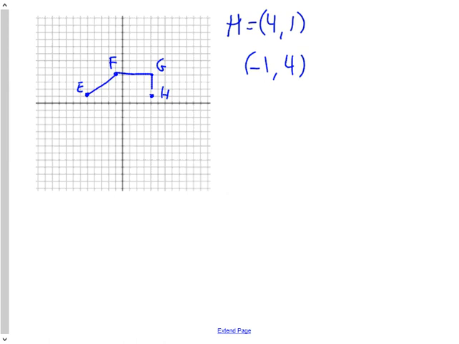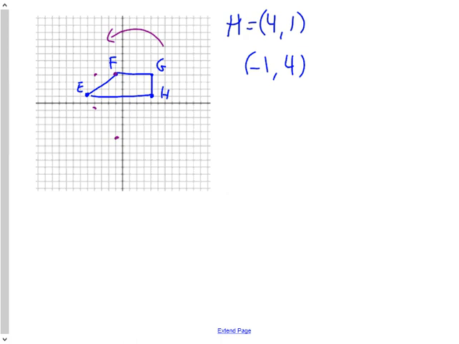This is our original. And now doing the rotation, right? 90 degrees going this way is going to flip it basically onto itself. So now plugging in my points, (-1, -5) down here, (-4, -1), (-4, 4), (-4, 4), and then (-1, 4).